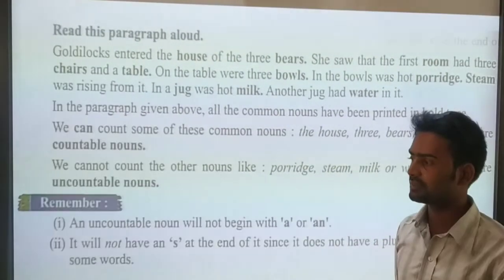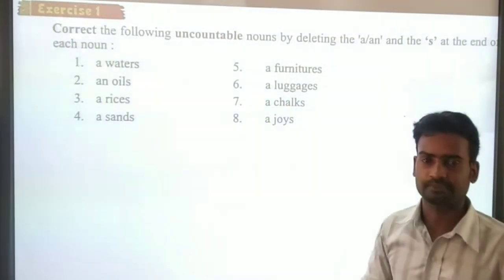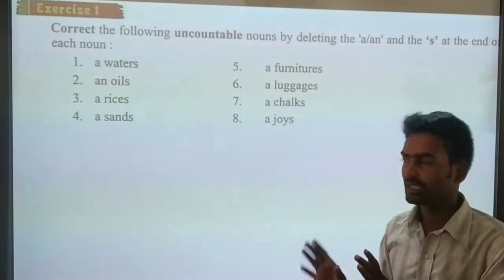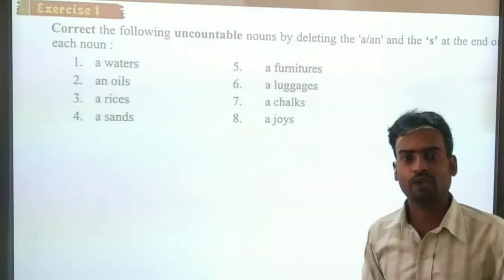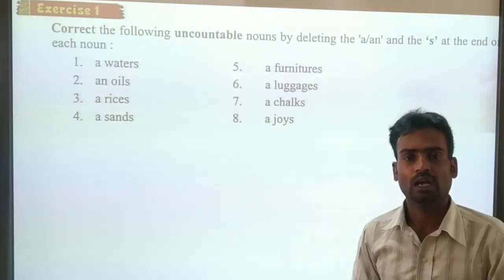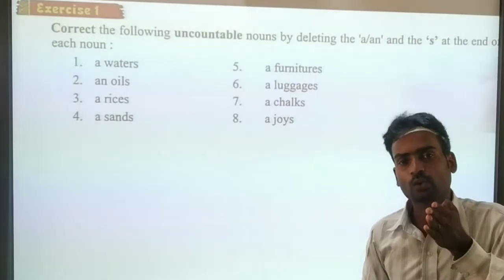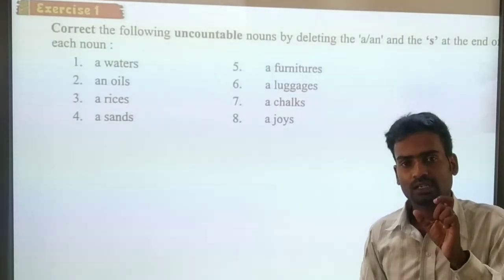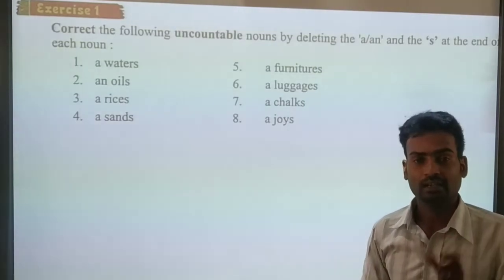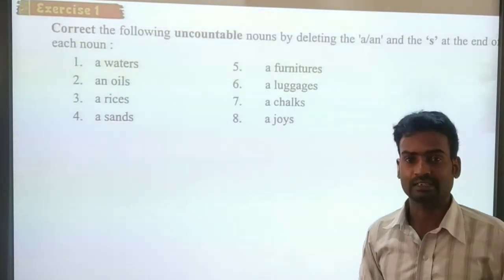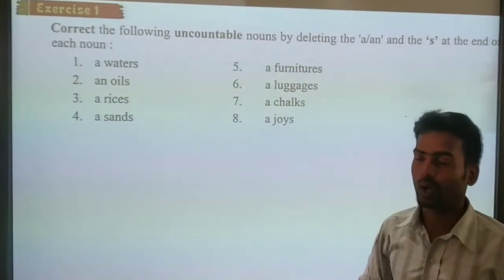So here let's see some exercises. These exercises will make things very clear. Listen carefully, see carefully, so that you can easily understand. So far we have seen what is a countable noun and what is an uncountable noun, and the rules: it will not begin with A or an, and it will not end with S. See this exercise 1.